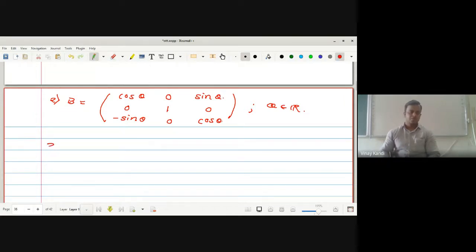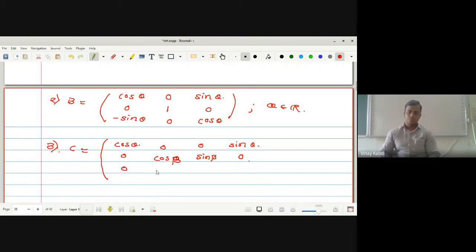So the third example. If C is the matrix of order 4 cross 4, the first row is cos theta 0 0 sin theta. The second row is 0 cos beta, changing the angle, cos beta, sin beta and 0.